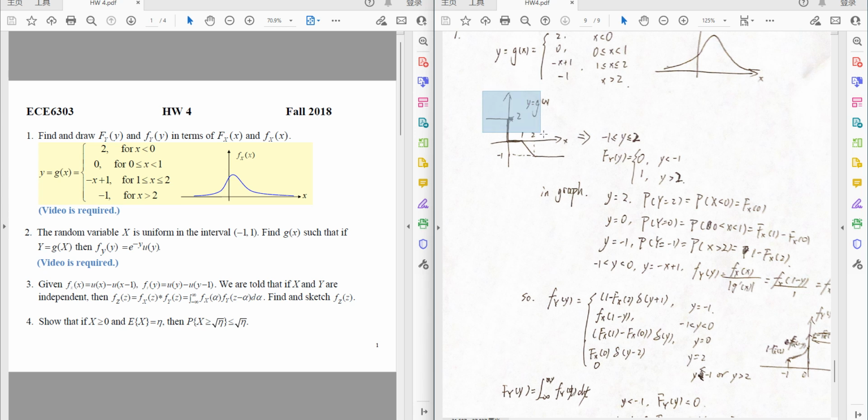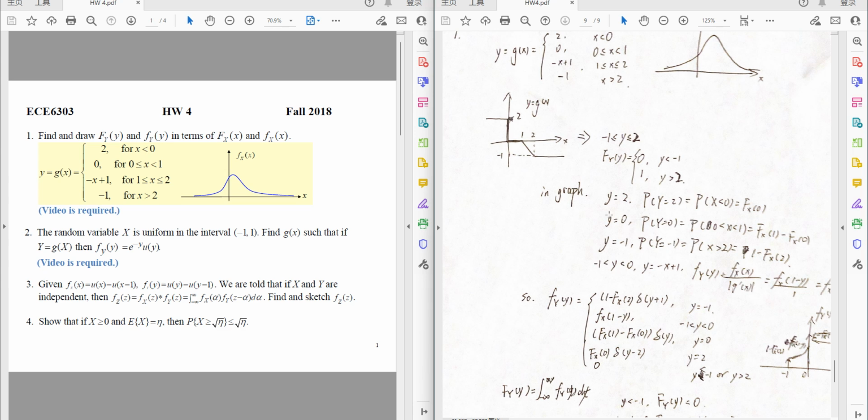And by this figure, we can just calculate the key point, the probability based on y as the key points, like 0, 1, and 2.